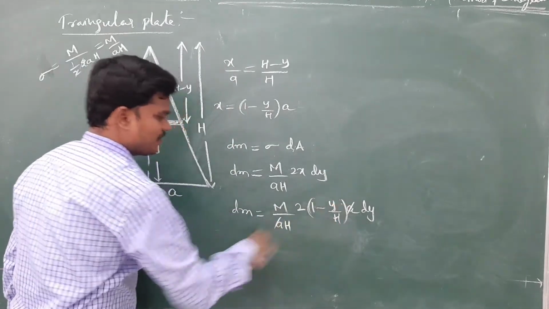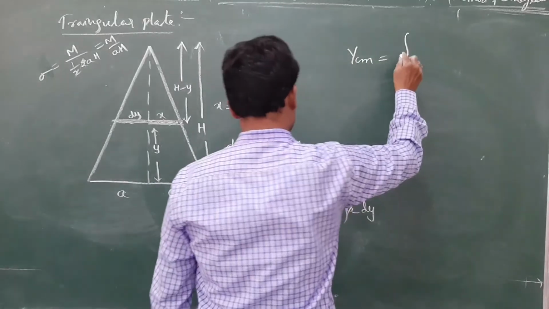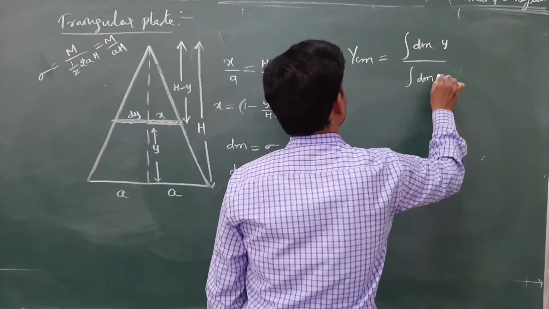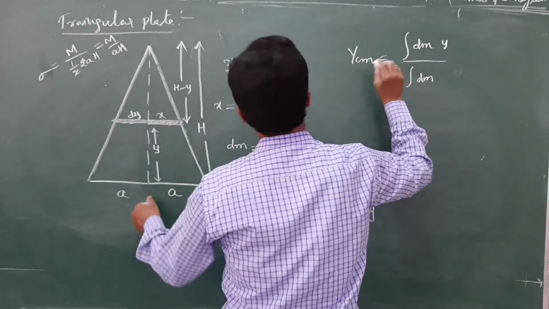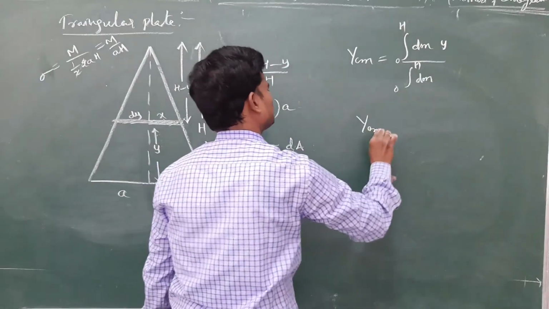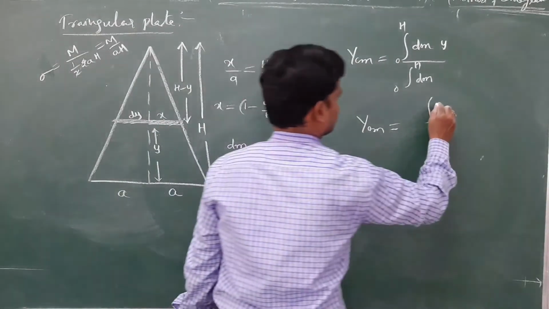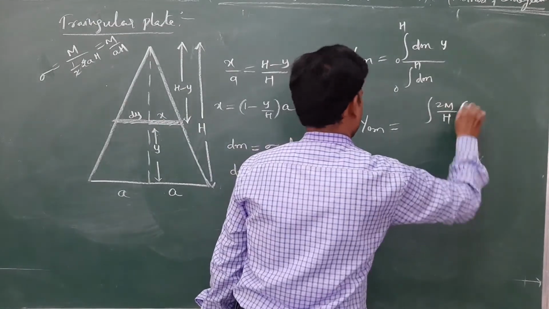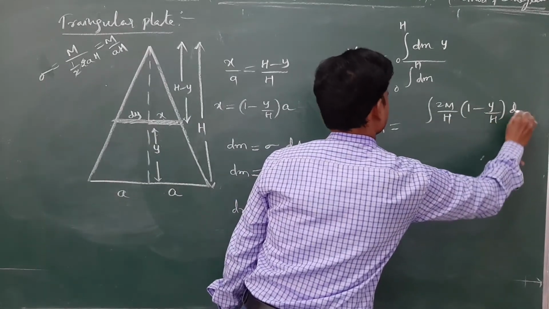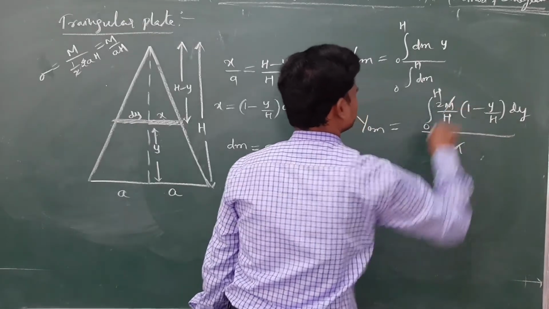So you strike off a, and the y coordinate of the center of mass is the integration of dm into y over the integration of dm. The limits are again 0 to h. If you substitute the values of dm, 2m by h times (1 minus y by h) dy from 0 to h, and this m again, strike it off.